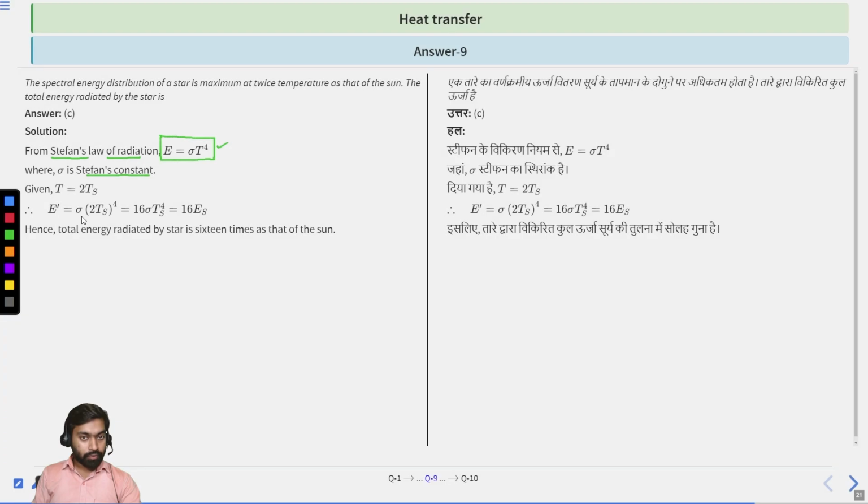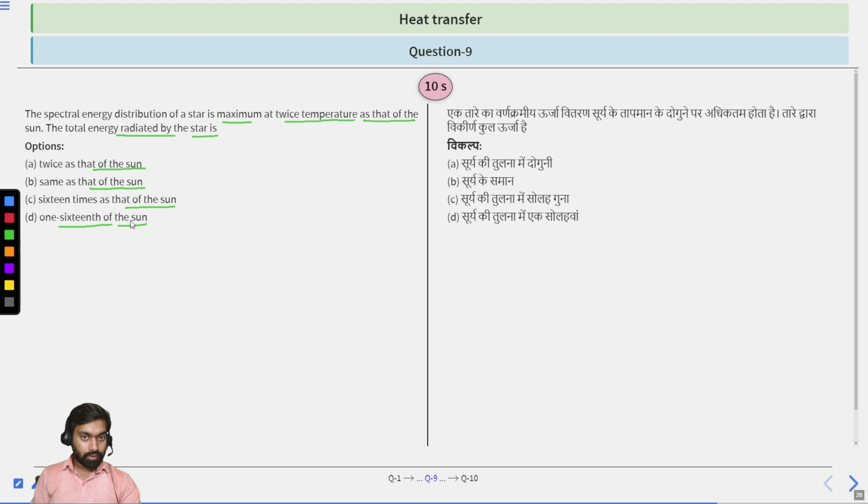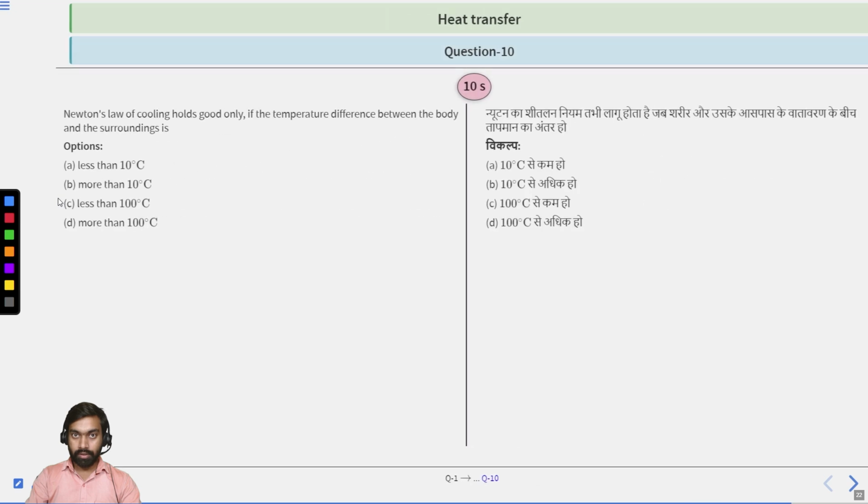E prime equal to sigma (2Ts) whole power 4, which is equal to 16 sigma (Ts) whole power 4, which is equal to 16 times Es. So hence the total energy radiated by the star is 16 times as that of the sun. So the correct option is C. C is the correct option. Clear? Next question.